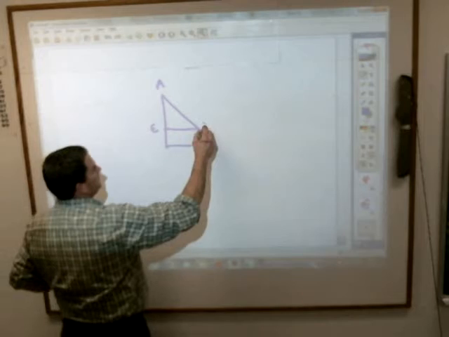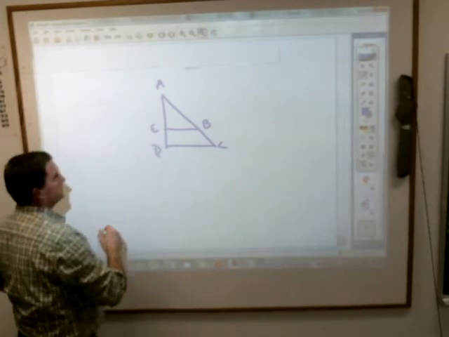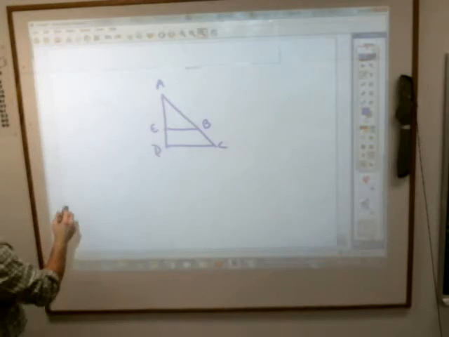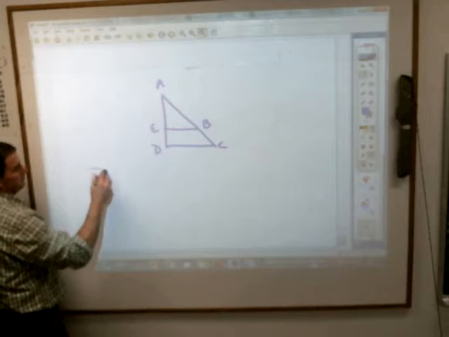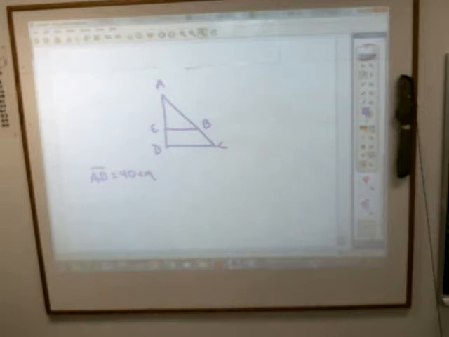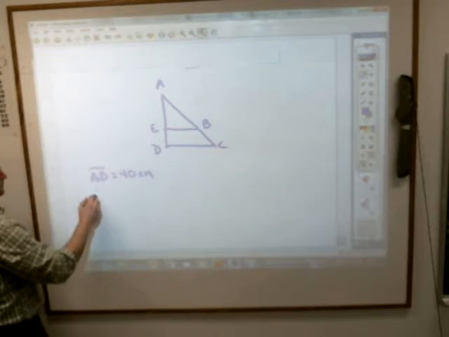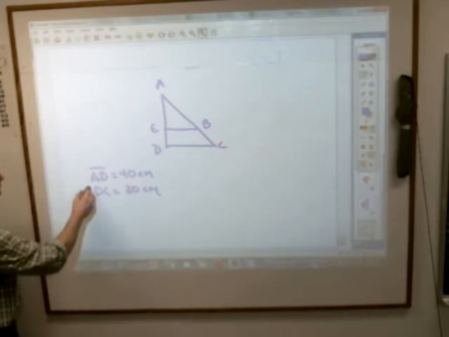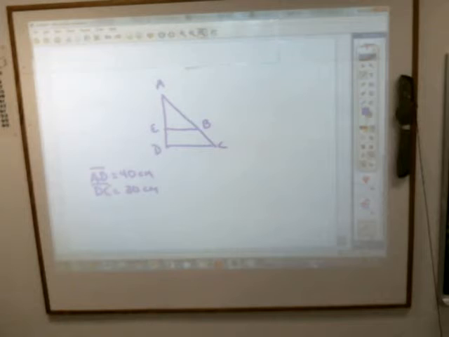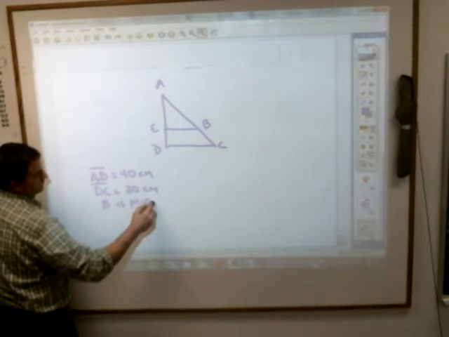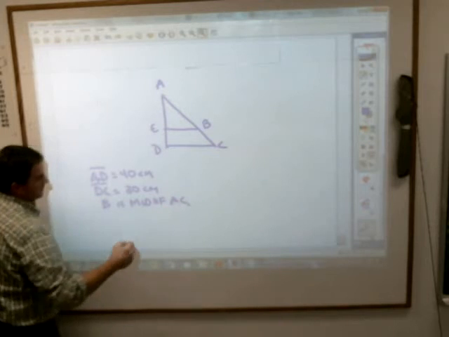EB, CD, and then write this down. AD is 40 centimeters. DC is 30 centimeters. Rock on. B is the midpoint of AC. Got ourselves a little geometry going on here.